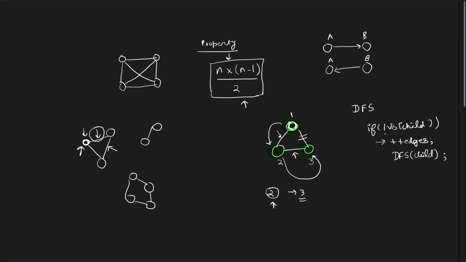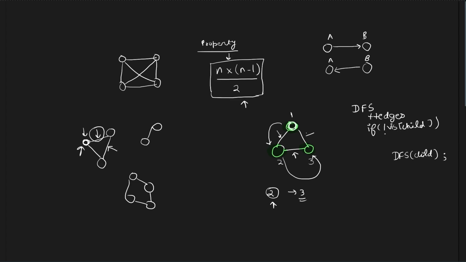Now, some people might think that a solution to this would be placing the edges counter outside the if condition. So this works for now, but we will see how this will produce an incorrect answer. When we do DFS, we have one child of this as 1, right?